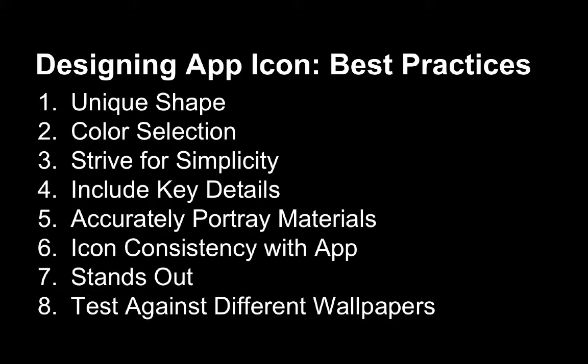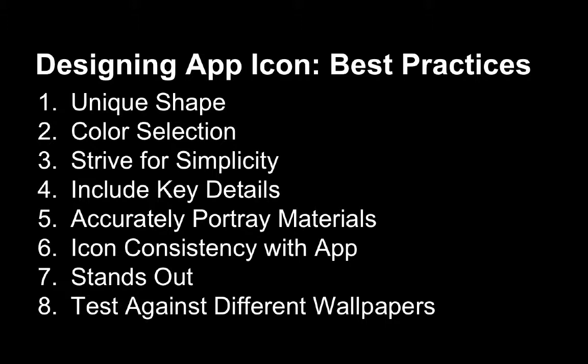Color selection: you want to choose a limited palette for your icon. 1 or maybe 2 colors are enough. There are some apps that actually will have a much larger color palette, but really you want your app to stand out. You want it to be simple.